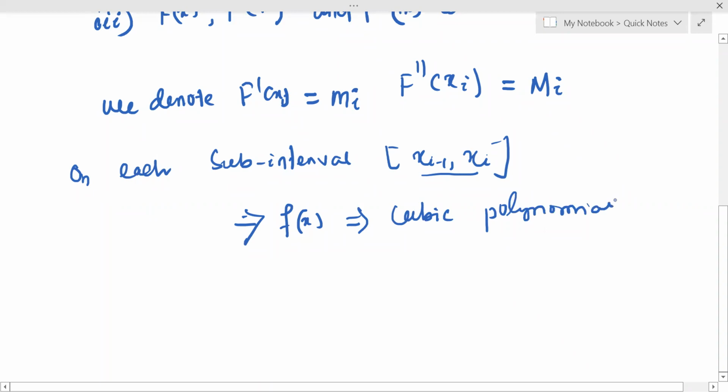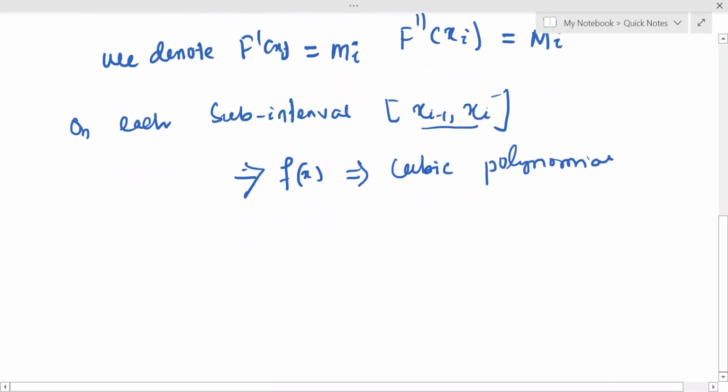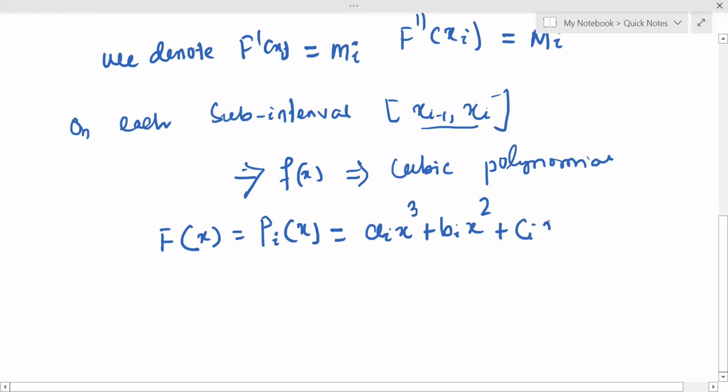Then capital Fx is represented in the cubic form as capital Fx, which is equal to polynomial pi of x, which is equal to ai x cube plus bi x square plus ci x plus di, and the value of i is 1, 2 up to n.